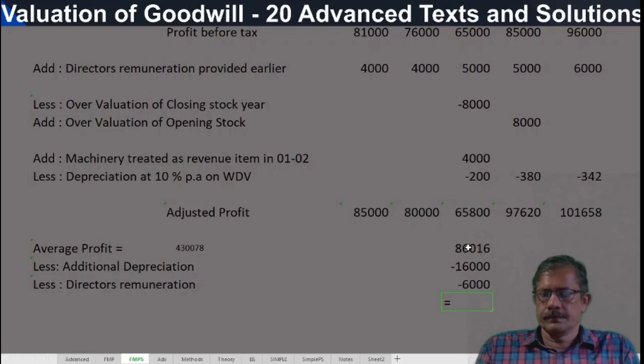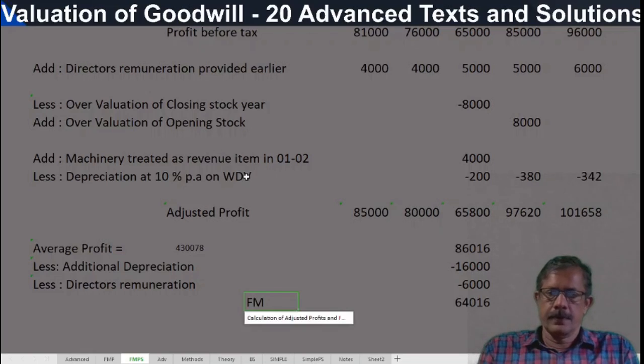Equal to this minus this. So we got the average adjusted future maintainable profit. Future maintainable profit. Average adjusted future maintainable profit.